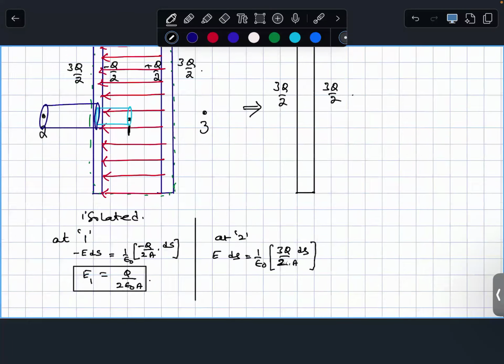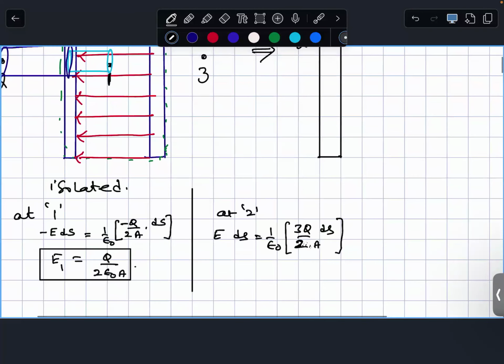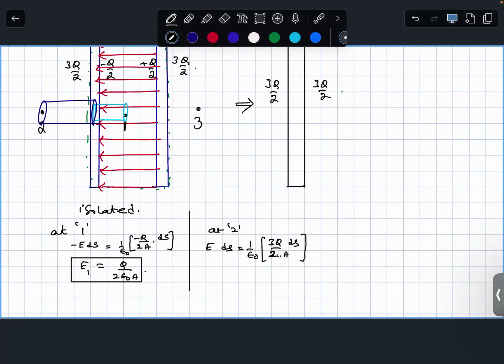On the Gaussian surface, whenever I am writing E, it is due to what? All the charge distributions. I am finding the net field at 1, net field at 2, net field at 3. But your Gaussian cylinder still encloses only the charge on that part, because anything inside the plate, there is no charge.